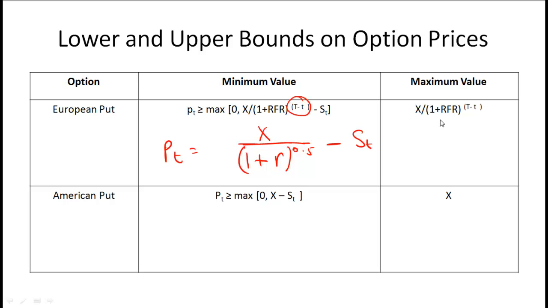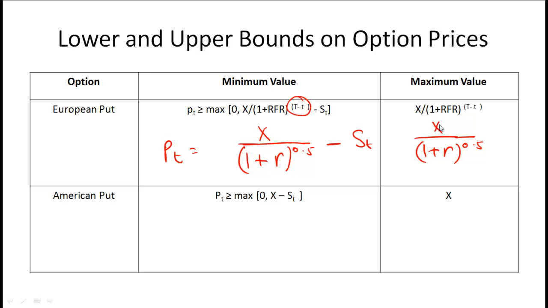And the maximum value of a put option is equal to X. So X over 1 plus the risk-free rate to the power of time remaining. If time remaining is half a year, then you have 0.5. Very quickly, what's the intuition here?